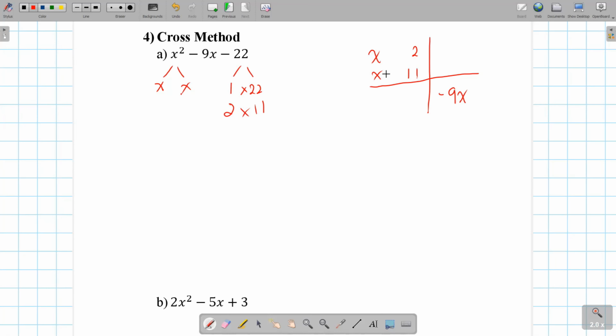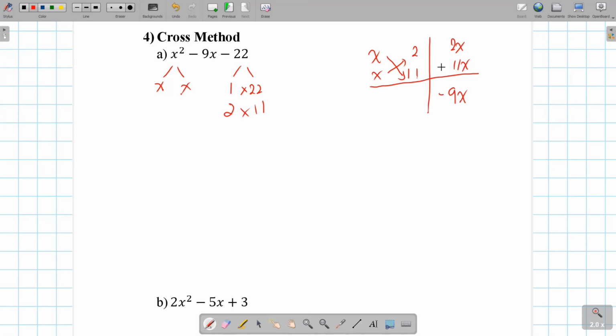Let us cross multiply first. So x times 2, we get 2x. And x times 11, we get 11x. Now, you look at here, we have negative 9x. From these combinations, we need to get negative 9x.